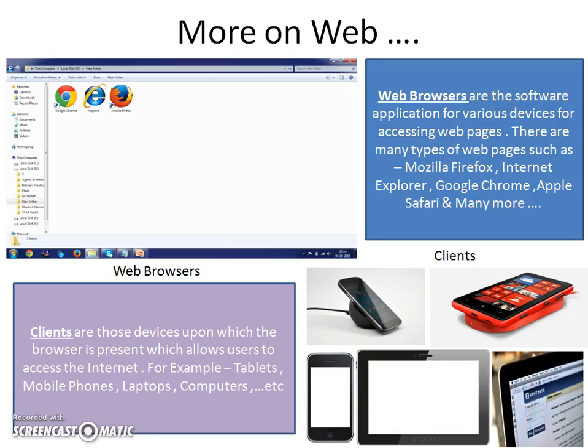Moving on, we'll be knowing more about the web. What exactly is a web browser? We know there are several kinds of web browsers: Google Chrome, Internet Explorer, Mozilla Firefox, Apple Safari, and several others. Web browsers are software applications present on devices which help in accessing web pages or the internet, and they can be downloaded.